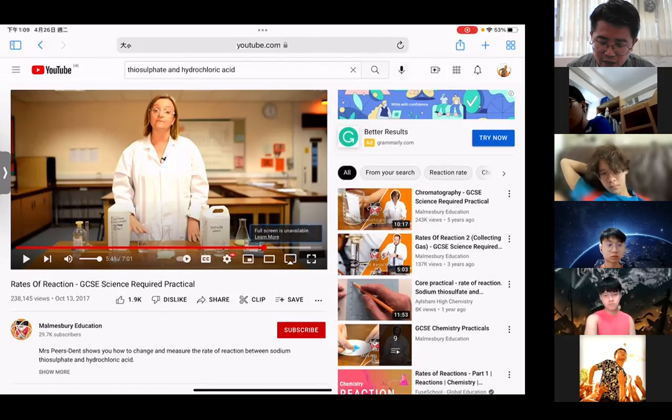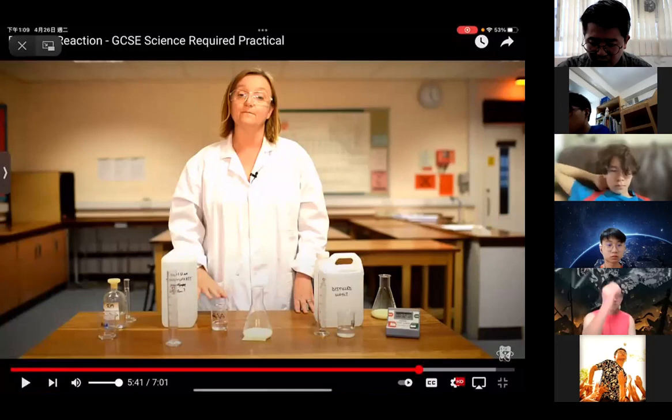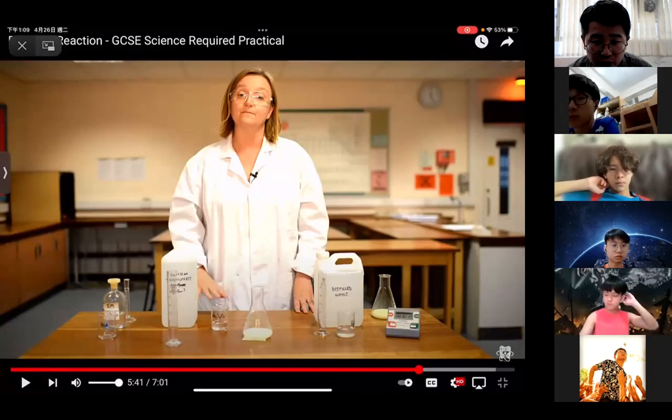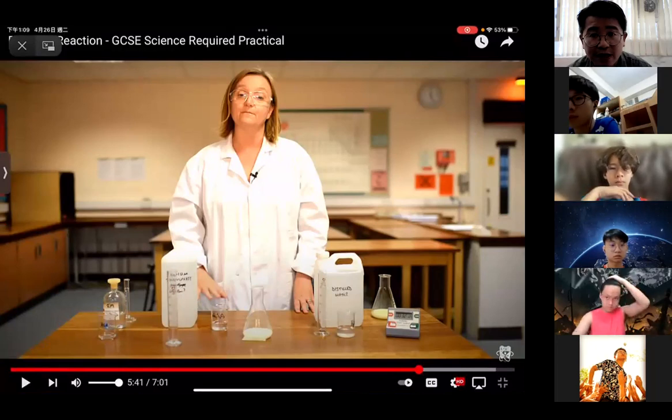If you check the color of the solution over there, can you see that? Take a look in the middle. You may see the yellowish solution is paler than the yellowish solution just behind the timer. Can you see that? So what is the hidden message?